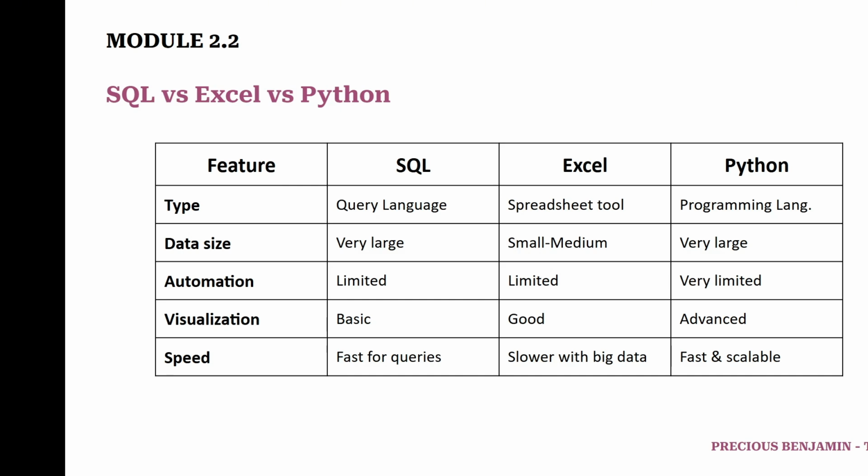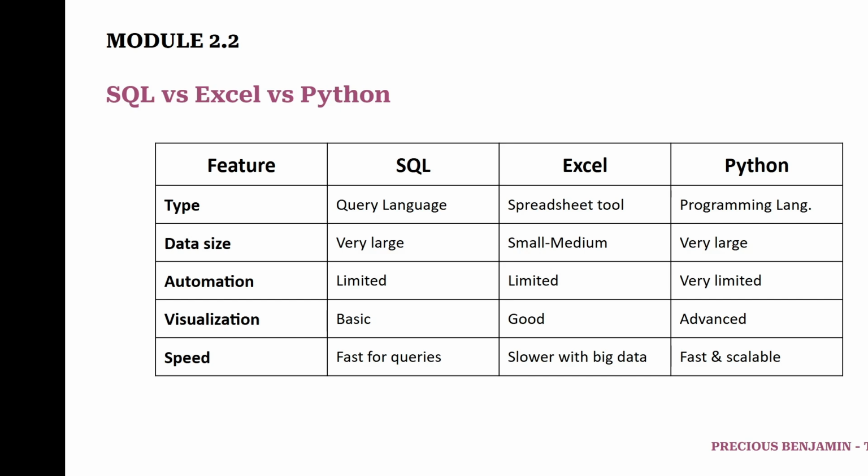Now, let's talk about speed. SQL is actually very fast. SQL was built for handling large databases. When it comes to speed, when working with large databases, SQL is just the man. Now, when you are working with large data sets in Excel, it slows down. Excel was not actually built to work with large data sets.